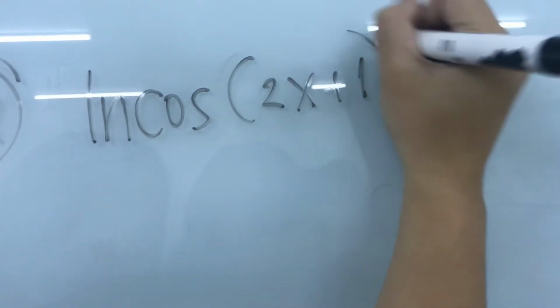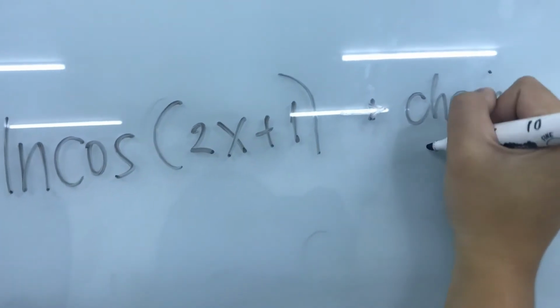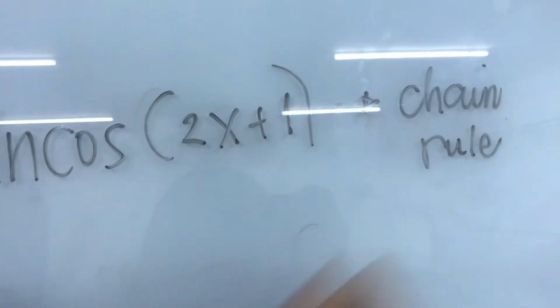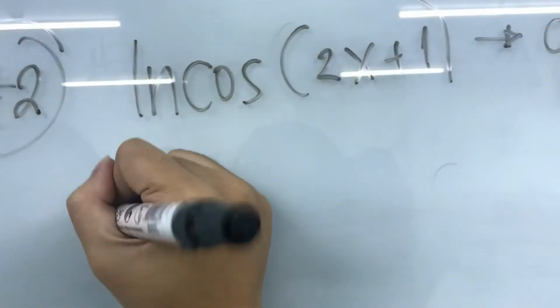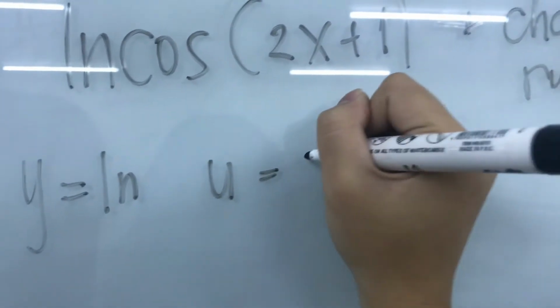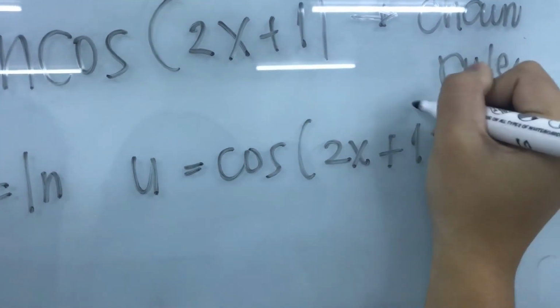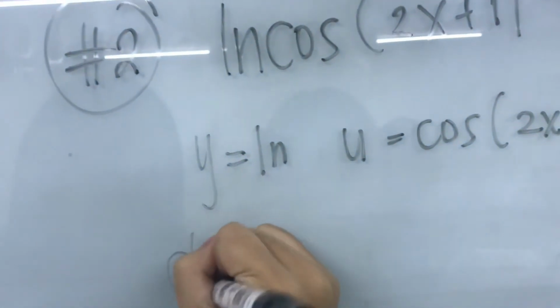plus 1. As we can observe, this equation follows the chain rule. So we have to know what's our y and what's our u. Let y be ln u. And u is equal to cosine 2x plus 1. We get the derivative of y first.